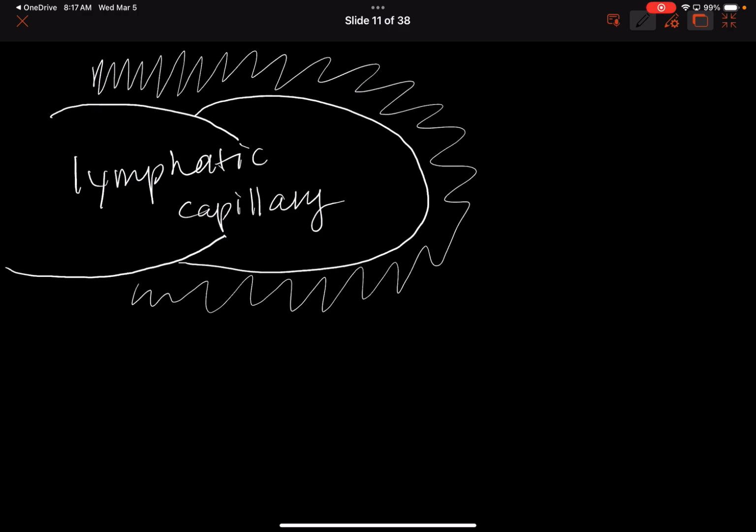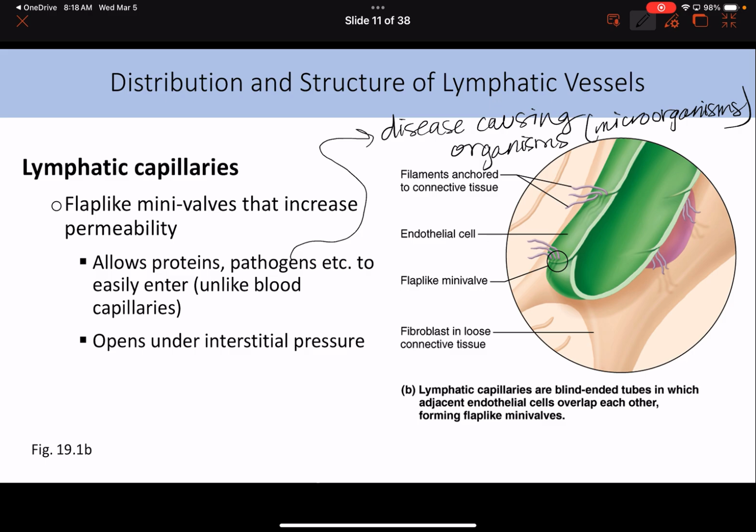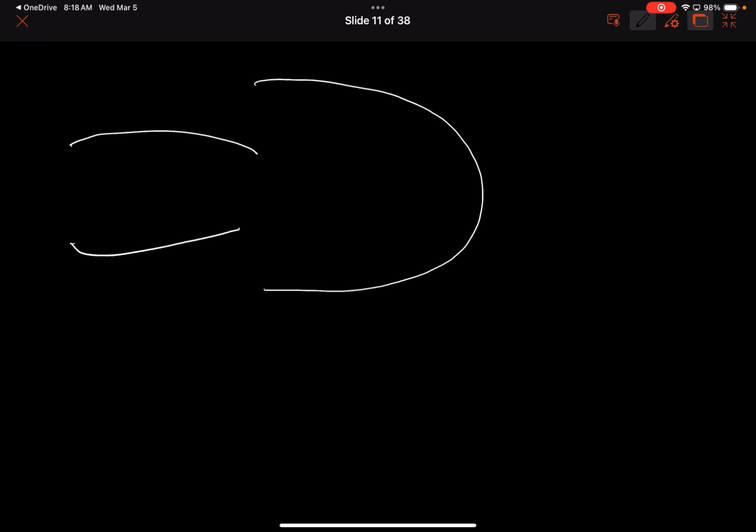Once it experiences that increase in pressure, then these flaps are going to open. Okay, I'll draw this one again. So once we have the fluid around, these flaps are going to open and allow fluid to come inside, just from the pressure of the fluid on the outside.